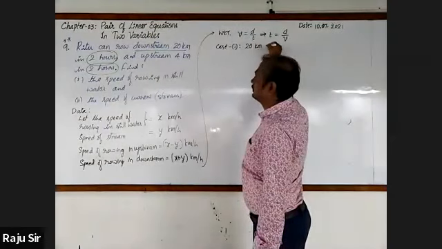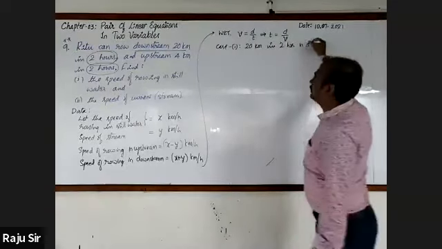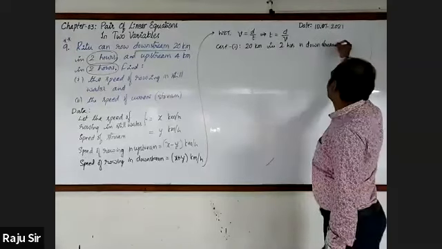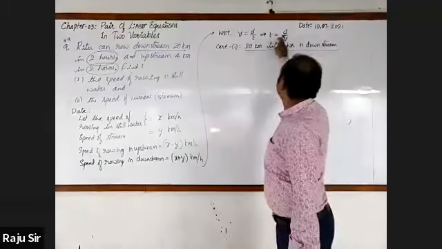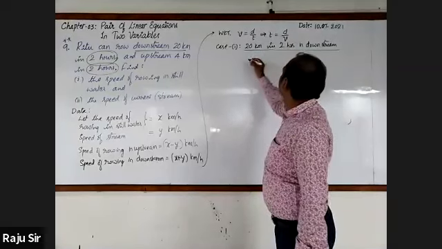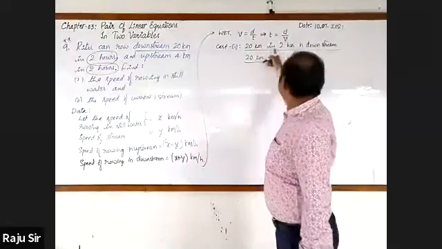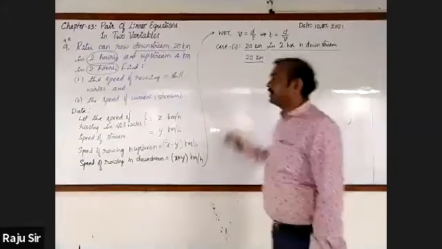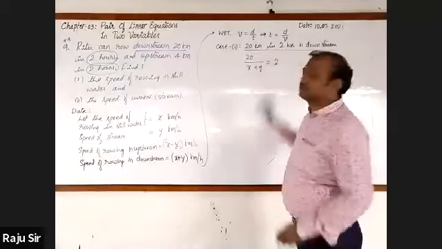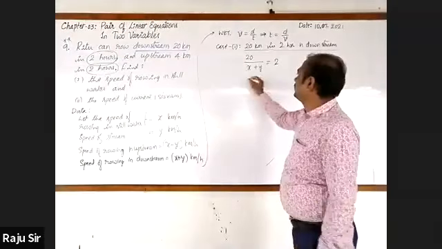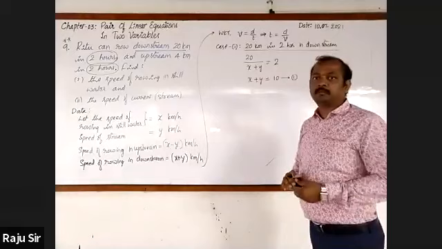Distance is 20 kilometers and the speed in downstream is x plus y, so 20 by x plus y equals 2 hours. Cross multiply and write directly: x plus y is equal to 10. You may call it equation 1.